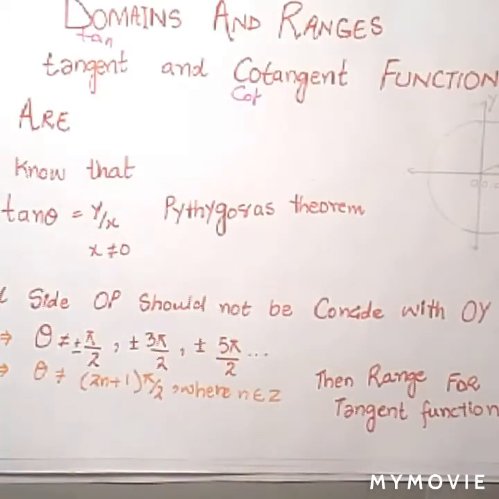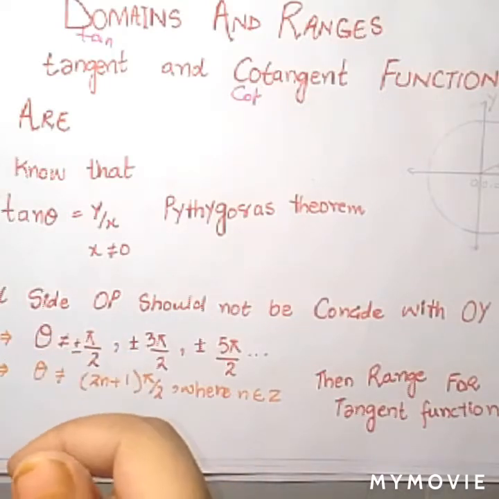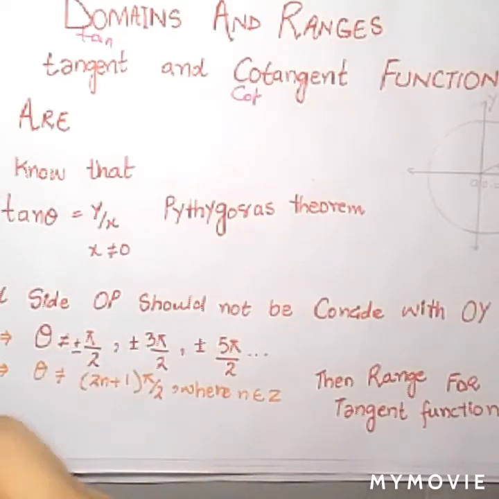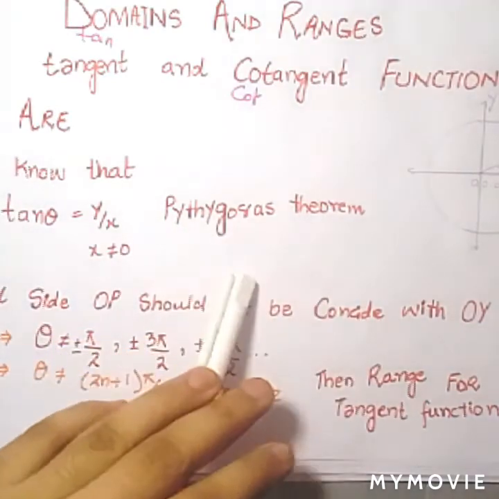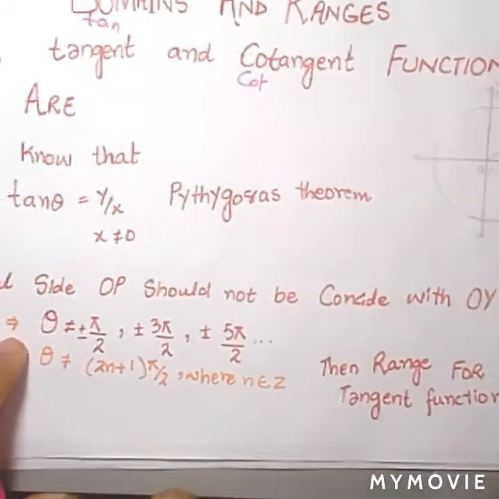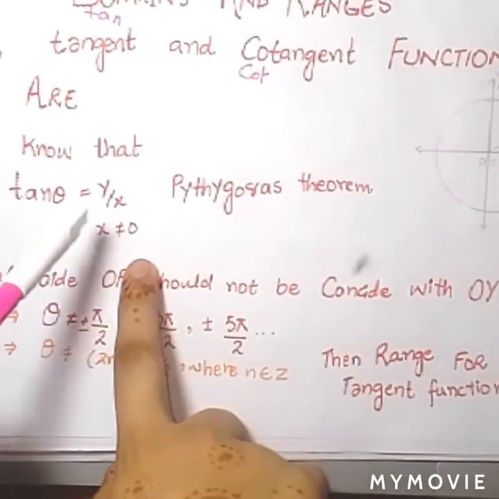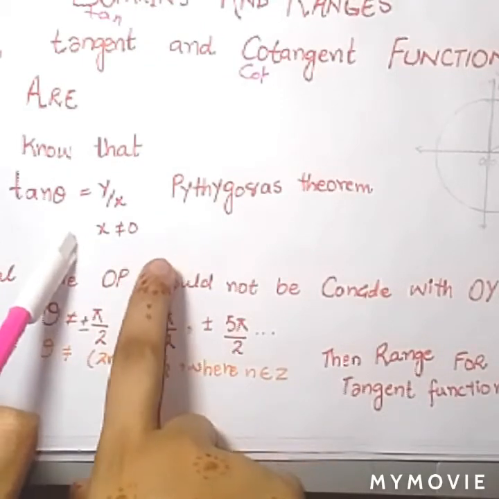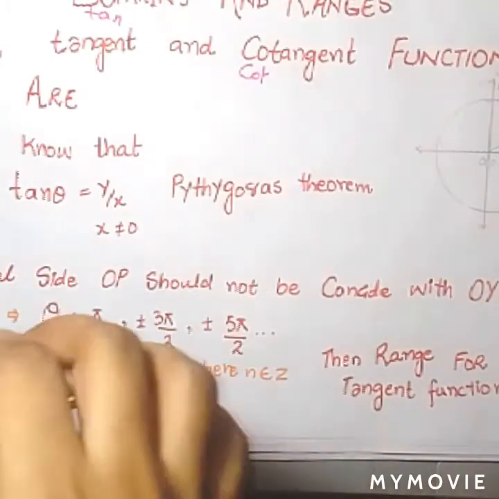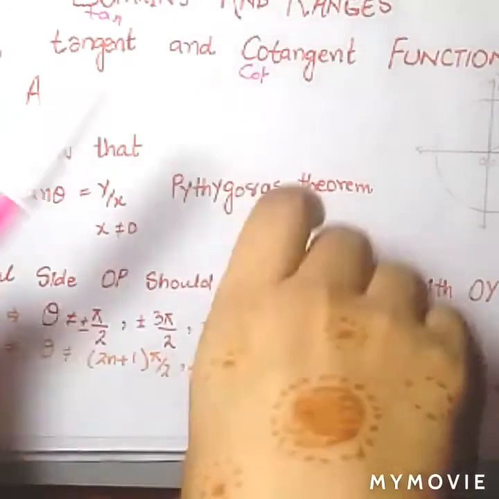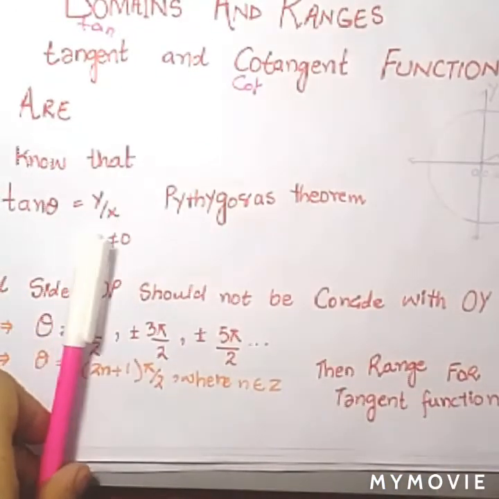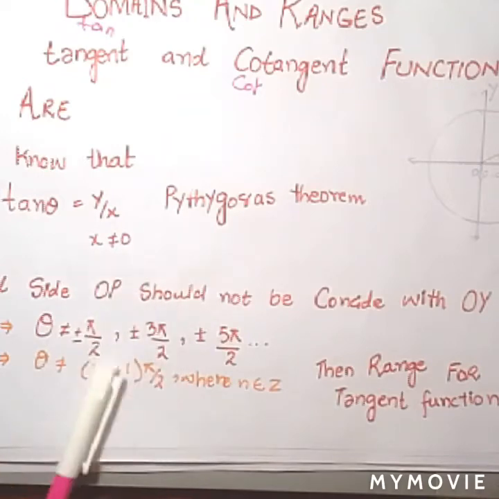You know that. If you don't know that, then go to my channel and watch the videos on the Pythagoras theorem. I had uploaded 3 to 5 videos on it. And the statement says that x must not be 0 for any condition. We must avoid this condition.